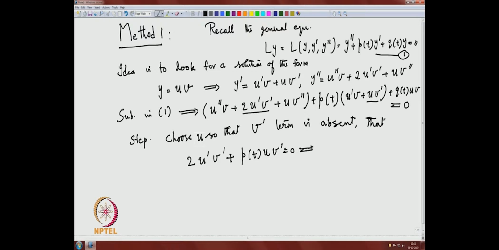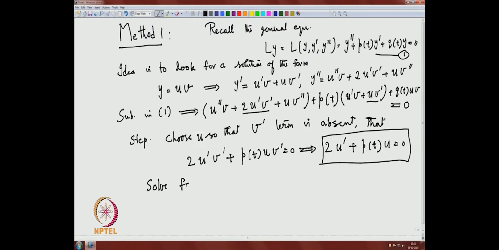That gives an equation: 2 u prime plus p(t) u equal to 0. So, this is an easy equation for u prime. So, you solve for u, and that is easy. Solving for u is an easy part because it is a first order equation.